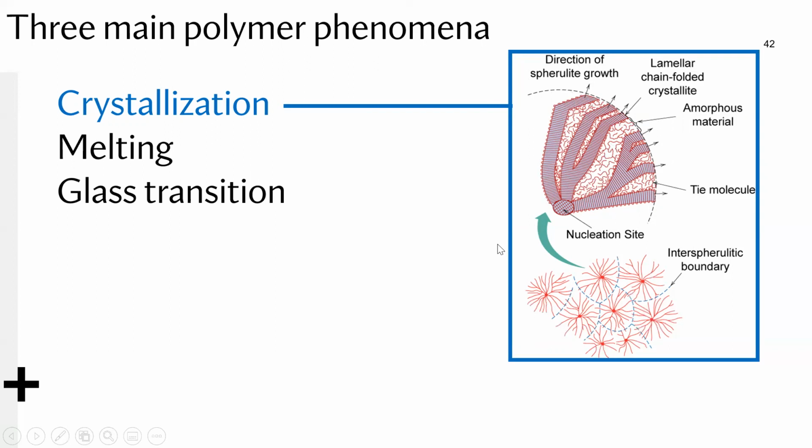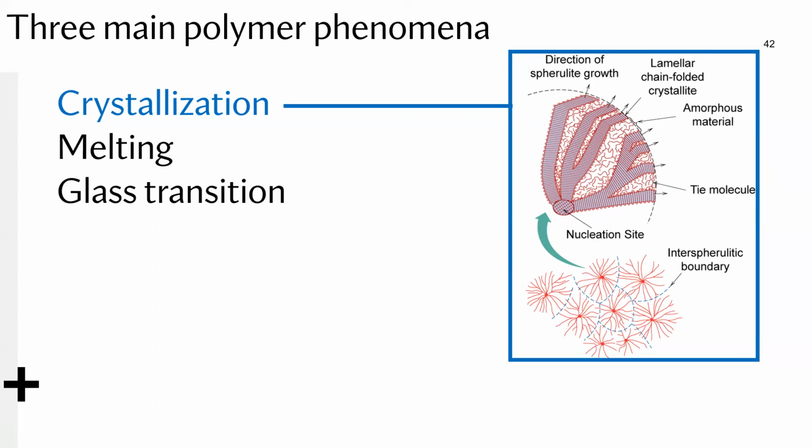Now, if you look at the reverse of this, which is if you heat up the material to actually start melting it, that would be when these crystals dissolve into monomers. So the interesting thing here, which makes it really special, is that it doesn't always happen like that.